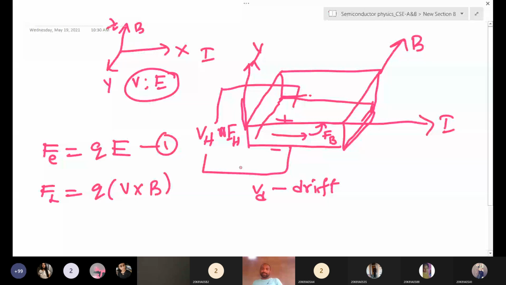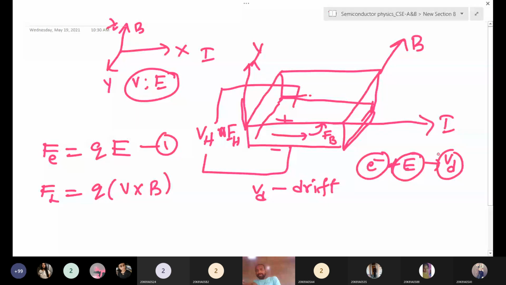The definition of drift velocity is the velocity of electrons due to some external electric field. Because of the electric field, electrons are getting some velocity. We'll see the drift and diffusion processes in tomorrow's class. For today, this is the simple definition.